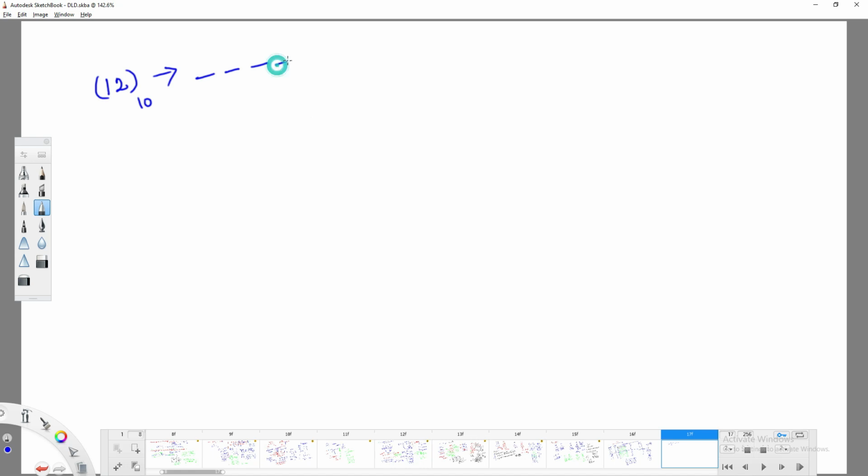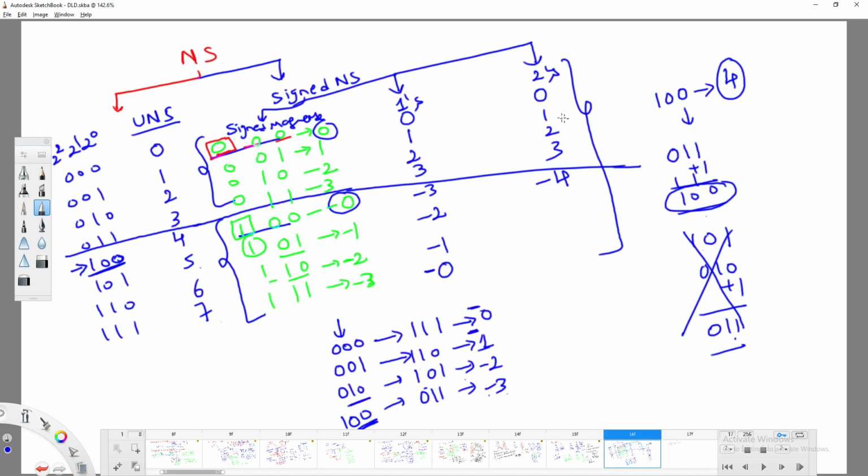No, 4 bits are required to represent the number 12. Similarly, in a 2's complement system, is it possible to represent the number 5 in a 3-bit system? It is not possible.